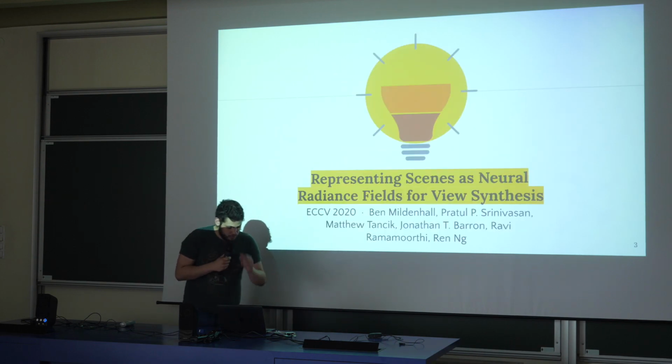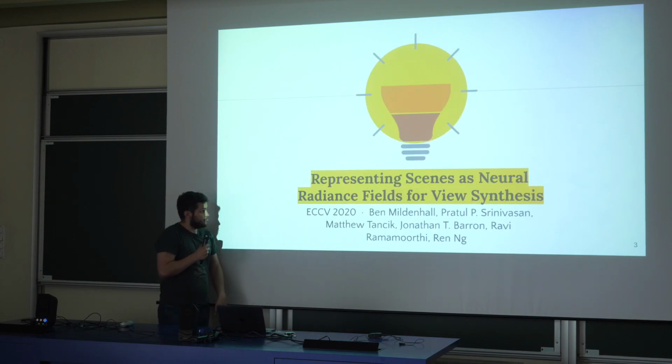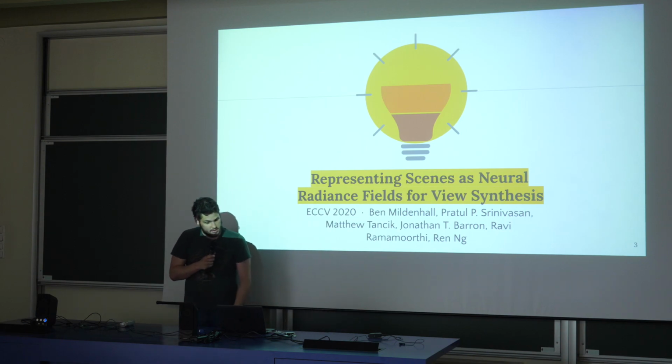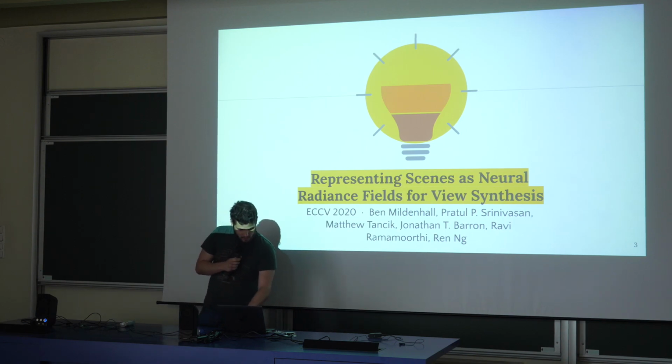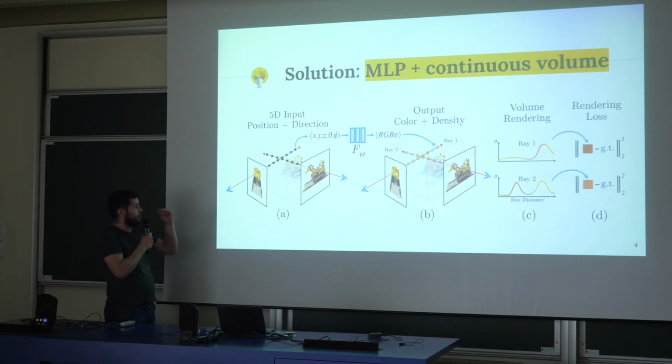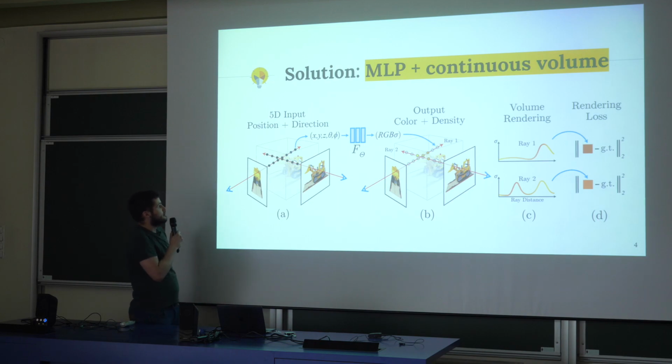And the way we do that is by this paper on representing scenes as neural radiance fields for view synthesis from 2020. And the solution is we have some kind of function, f, which is for given positions and direction.